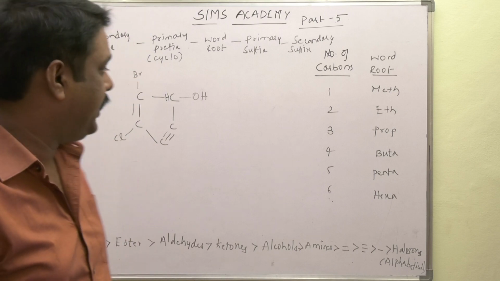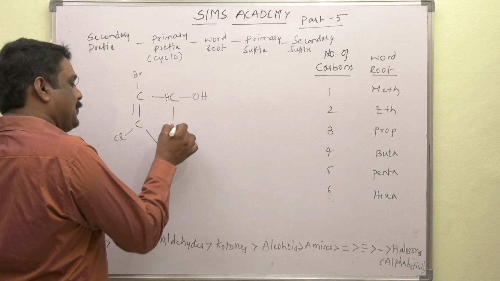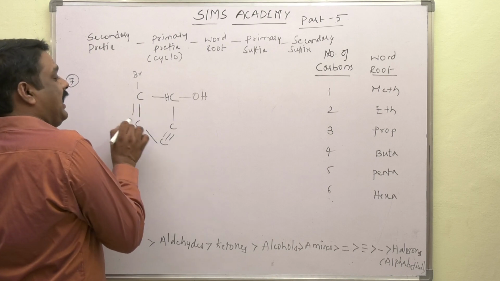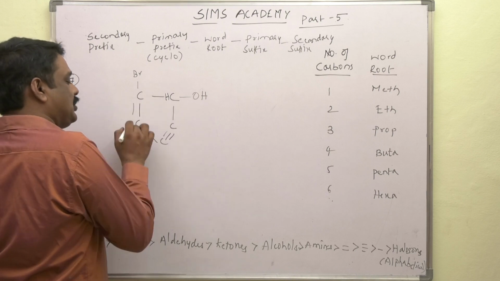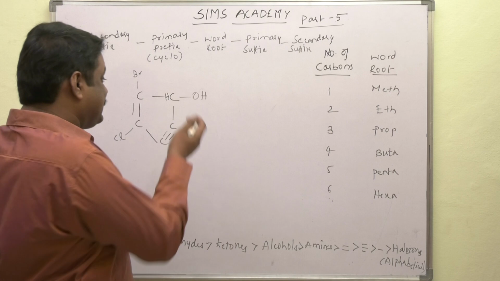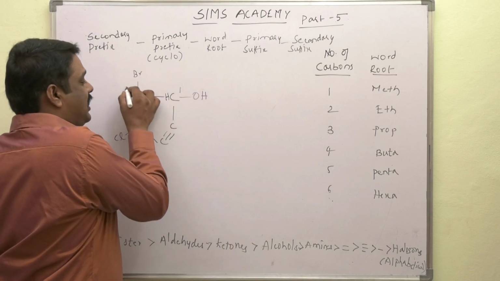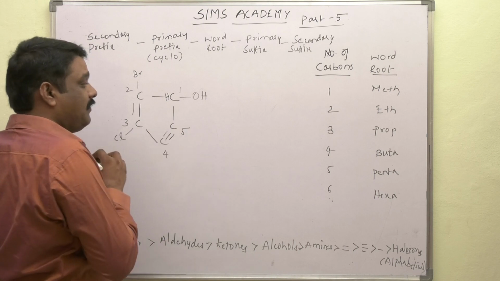Yes, double bond. If I move in the clockwise direction, 1, 2, 3, 4, 5, we get the fourth number for the double bond. If I move in the anti-clockwise direction, 1, 2, 3, 4, 5, we get the second number for the double bond. Hence, let us give the numbering in the anti-clockwise direction. 1, 2, 3, 4, 5.